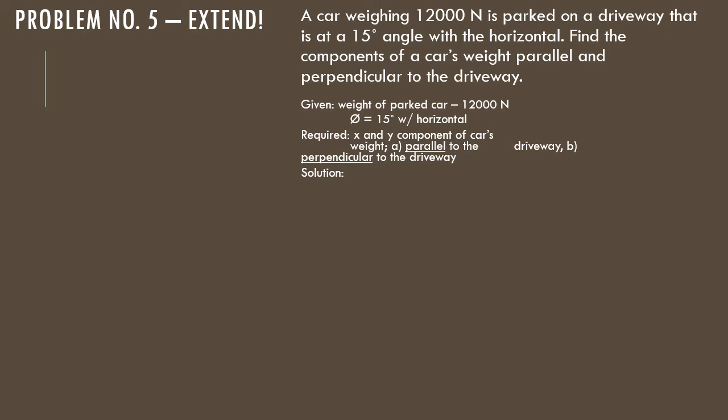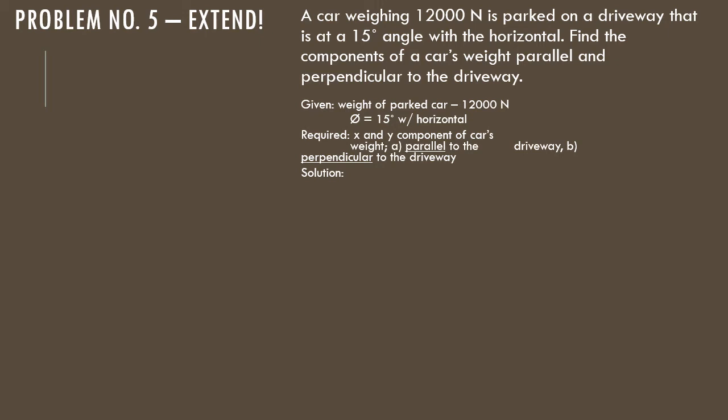A car weighing 12,000 Newton is parked on a driveway that is at 15 degrees angle with the horizontal. Find the components of the car's weight parallel and perpendicular to the driveway. The given weight of the parked car is 12,000 Newton.